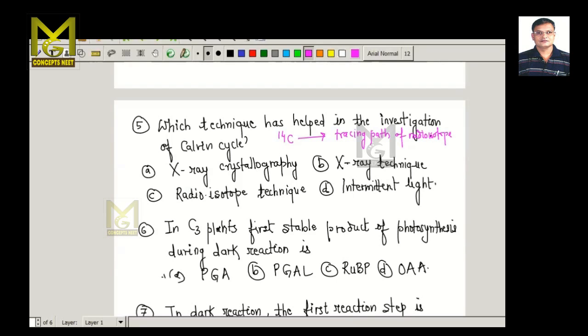By tracing the path of the radioisotope molecule, they can easily find in which molecule this carbon is inserted. Therefore, the correct answer in this case is C.